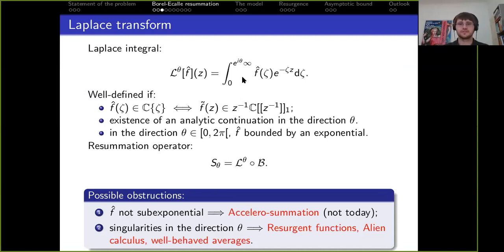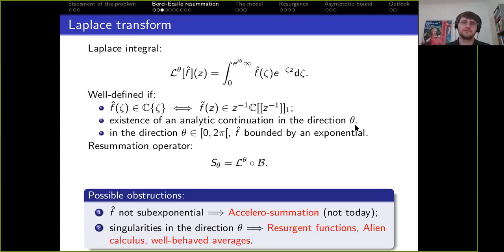So this symbol means that I integrate along the straight line from the origin to infinity in the ray theta. So the question is, when is this thing well defined as an honest integral of functions? Well, first I need that phi hat is a function, so that means at least somewhere. So I need that phi tilde is 1-Gevrey. Also, I need it to be a function everywhere, I mean, in the direction in which I want to integrate.